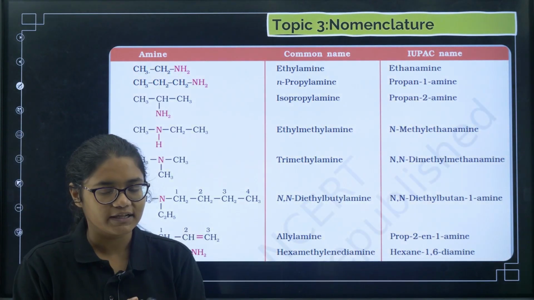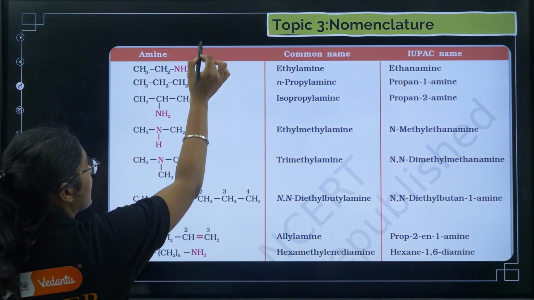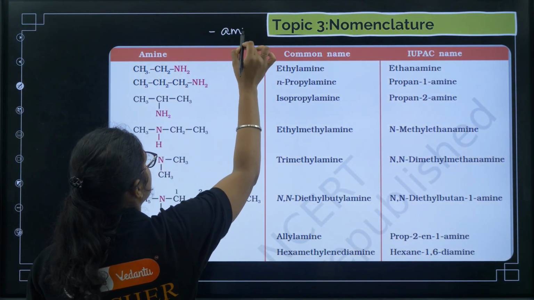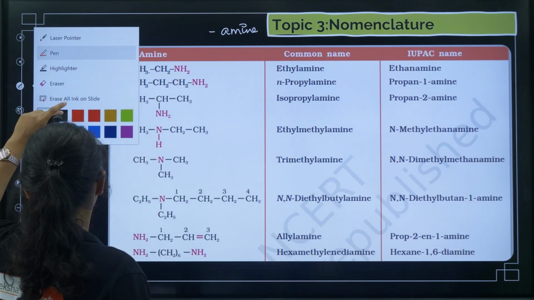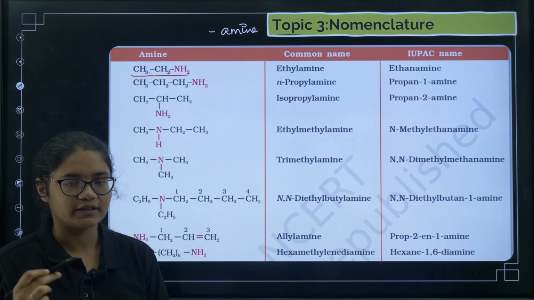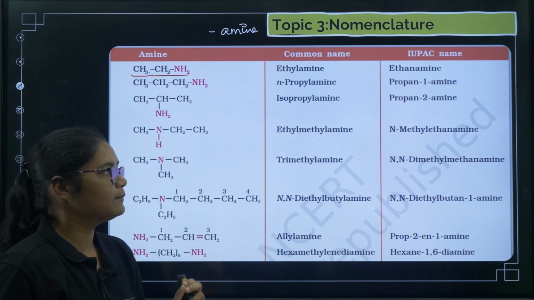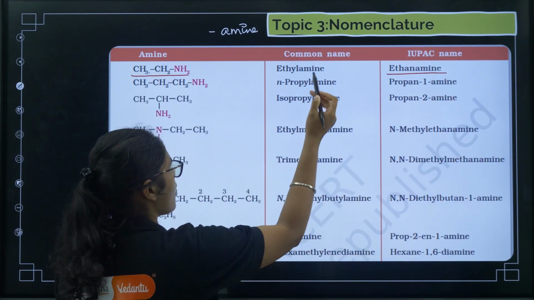Next, coming to nomenclature, this is very important. Under nomenclature, you should remember that the name ends with amine. If you see the first one, you have CH3CH2NH2, so there are 2 carbons, and the IUPAC name is ethanamine. Now what is the common name?